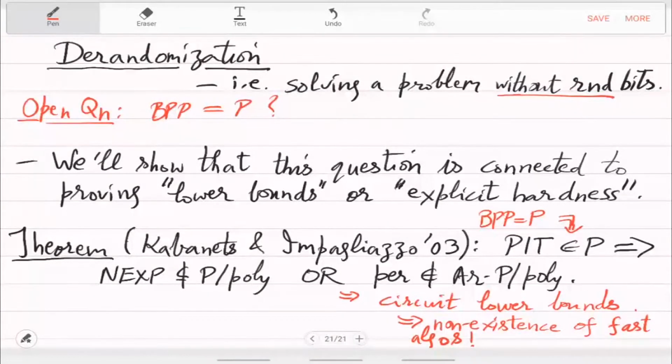BPP equal to P is saying that there is a fast algorithm for certain problems, and in the end what this is implying is non-existence of fast algorithms for certain other problems, right? So this is why this theorem is of great interest. It actually flips the existence to non-existence of algorithms.